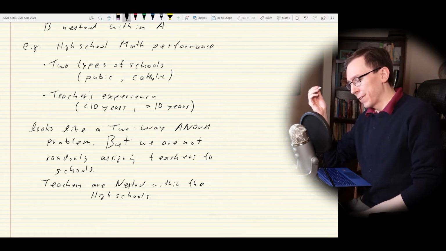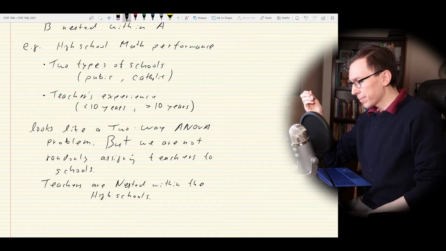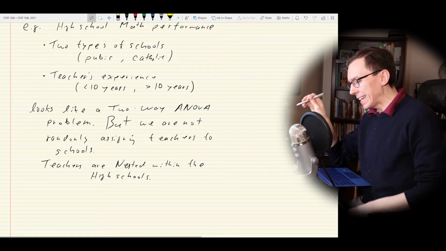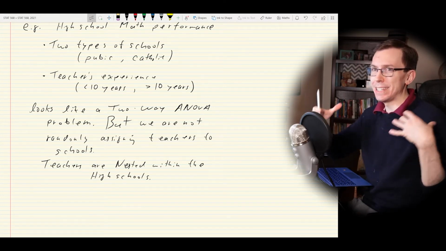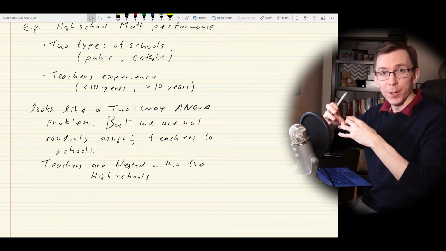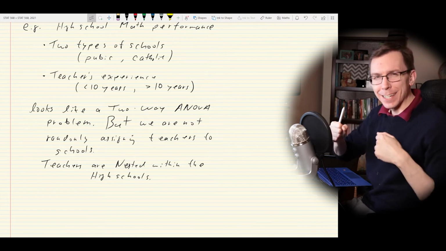So there's a lot of different factors that the school itself can bring in. So we have to consider the fact that the teachers are nested within the schools. And then when we run the ANOVA, we have to consider that. What we would want to do is test the old and young teachers within the same school and not test them in some giant aggregate sense, if that makes sense.